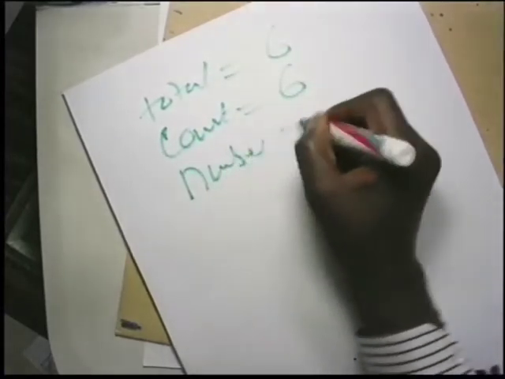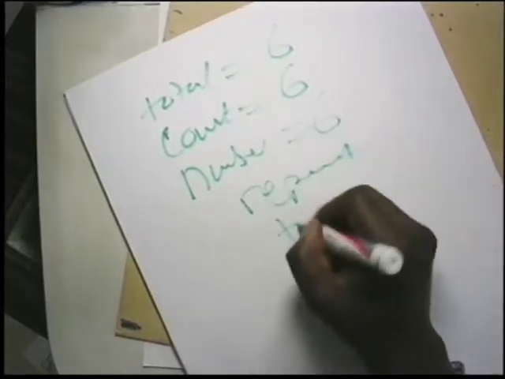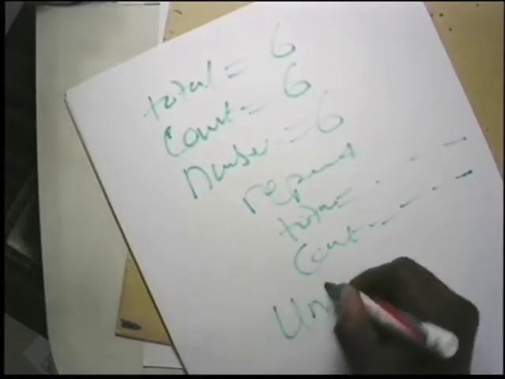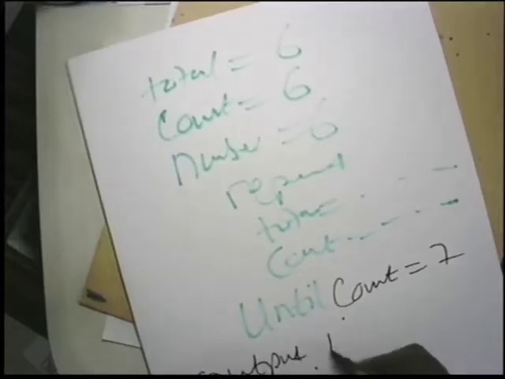Number is 6. Here you have repeat. You have total is equal to total plus whatever. You have count is equal to count plus whatever. There you have until count is equal to 7. There you have output total.